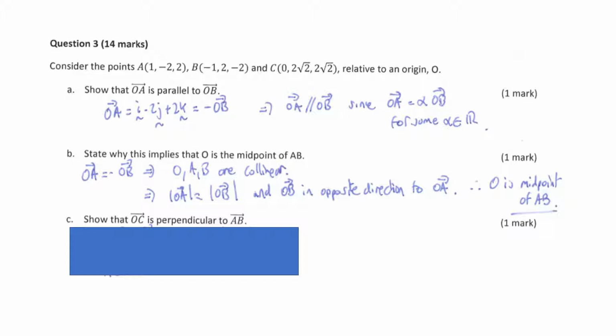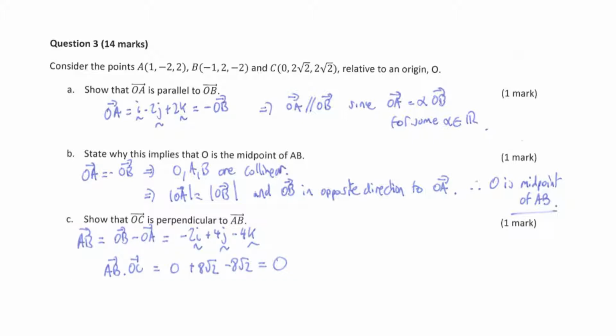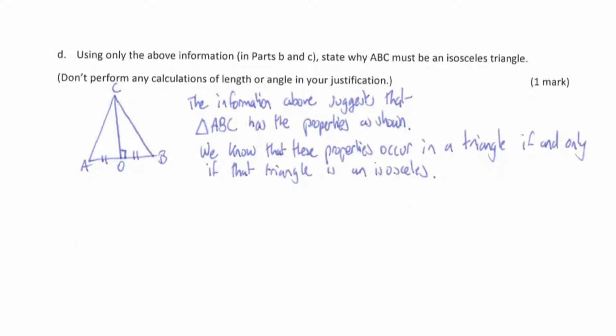Okay, part C, show that OC is perpendicular to AB. There's your classic dot product equals 0, an expression for AB, an expression for OC, and voila, it's as simple as that. This is really all I was looking for.